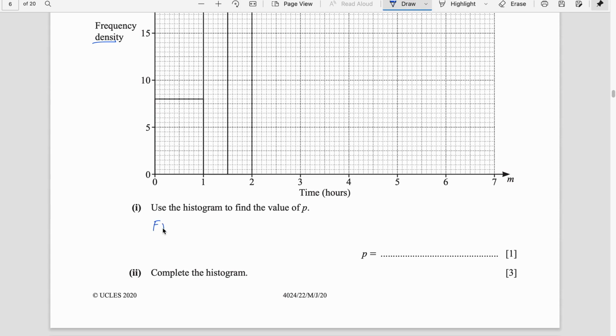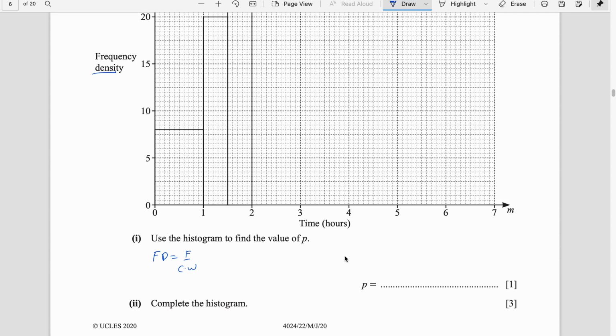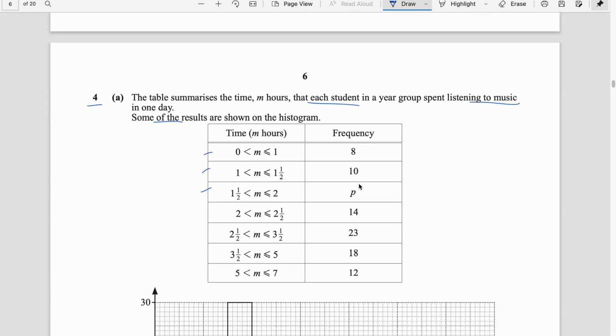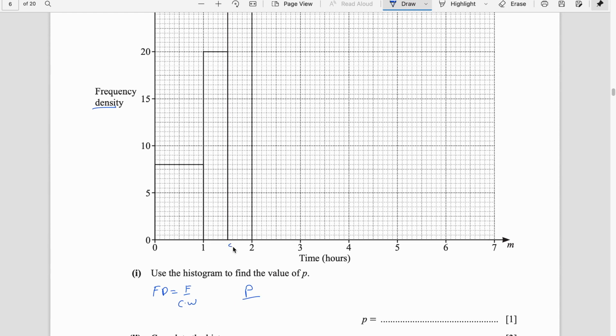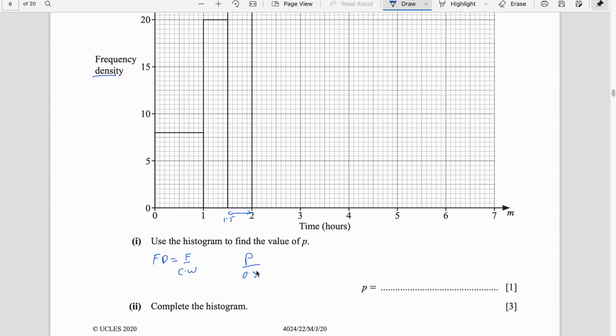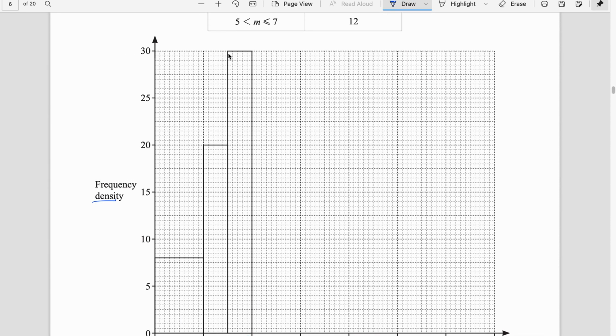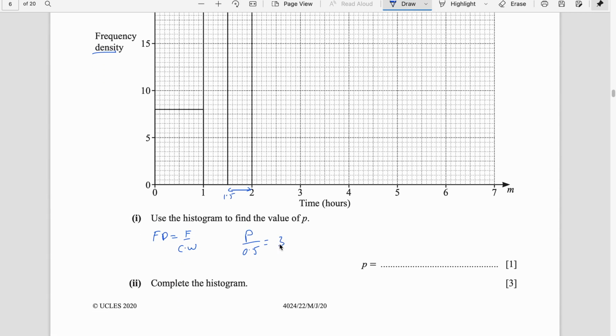So frequency density is equal to frequency divided by class width. So in case frequency is P divided by the class width, this is from 1.5 to 2, which is 0.5, and frequency density could be read from the graph, that is 30. So P is equal to 30 times 0.5 is equal to 15.